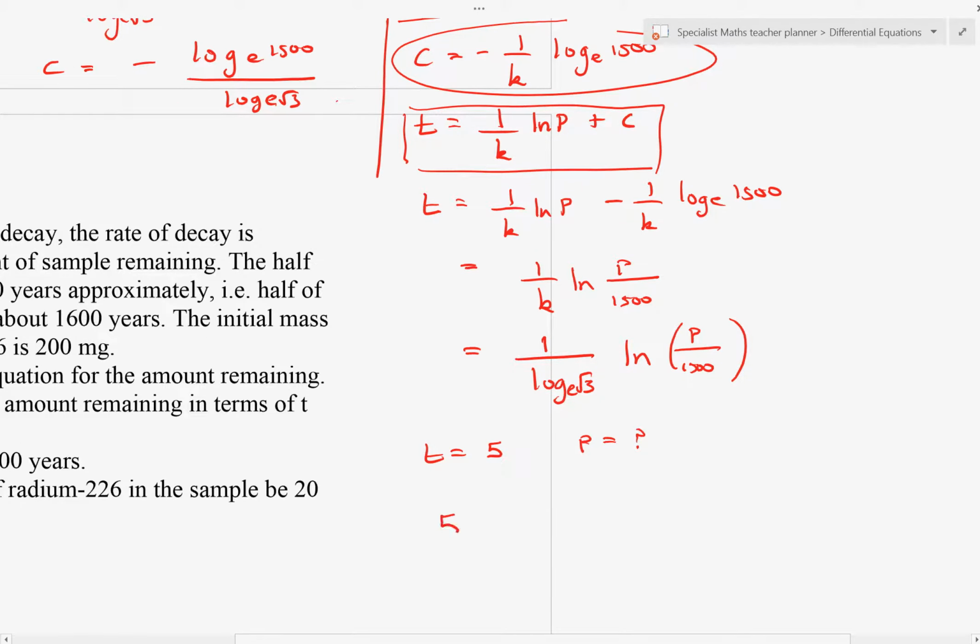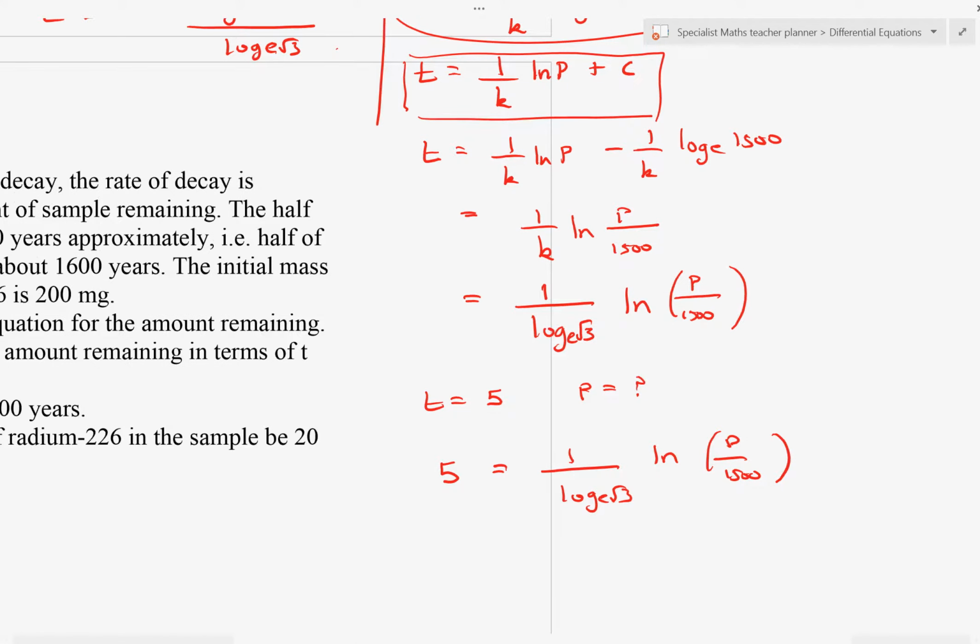We've got 5 is equal to 1 on log to the base e of root 3, log of P over 1500. Now, what I'm going to do is say that 5 log to the base e of root 3 is equal to log to the base e of P on 1500.